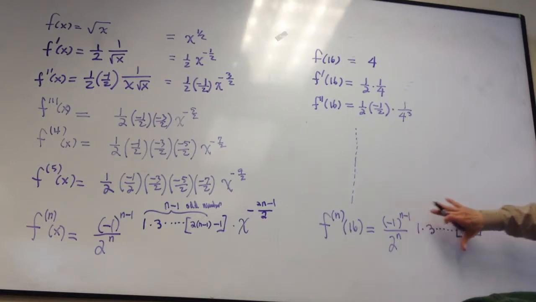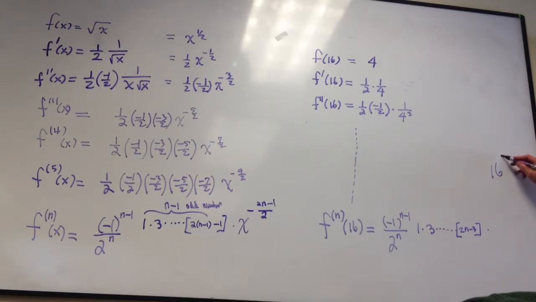So you have n minus 1 odd numbers times x being 16. Right? X being 16. And so you would have 16 to the 2n minus 1 over 2 power, and then take the reciprocal.